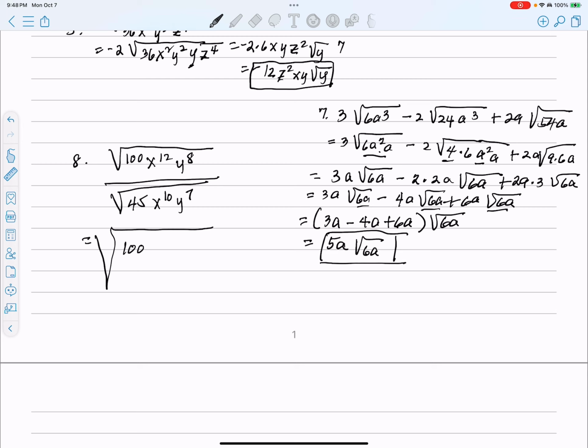So I could divide 100 by 45. I could have x to the power of 12 over x to the power of 10. I could have y to the power of 8 over y to the power of 7, since they have the same base. All right, let's simplify.